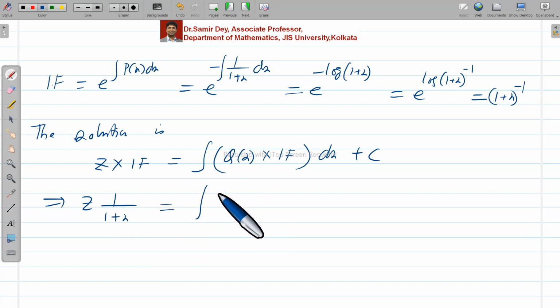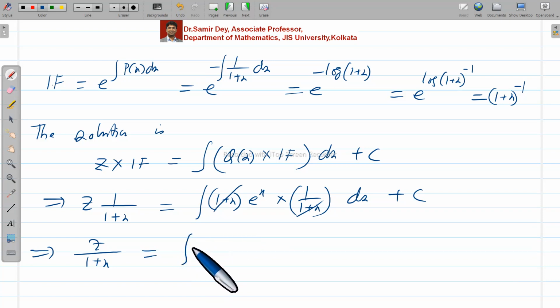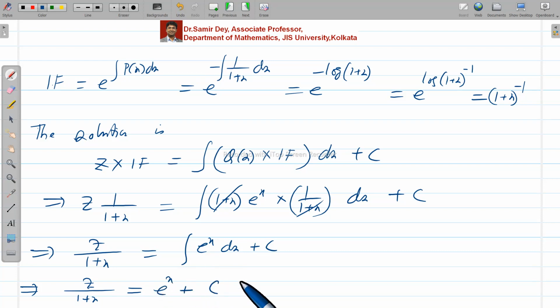What is your Q? 1 plus x into e to the power x into 1 by 1 plus x into dx plus c. Now what is coming up? z by 1 plus x is equal to, if I simplify, integration of e to the power x dx plus c. Now you integrate this. Simple integration: z by 1 plus x is equal to e to the power x plus c.